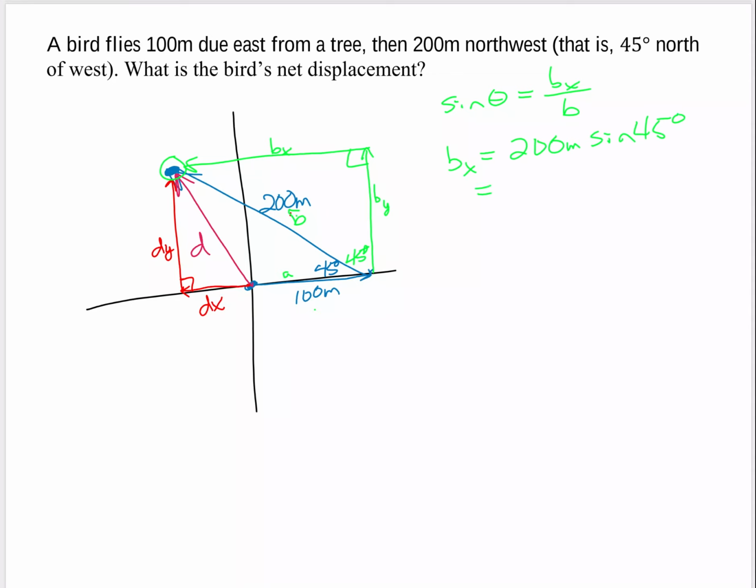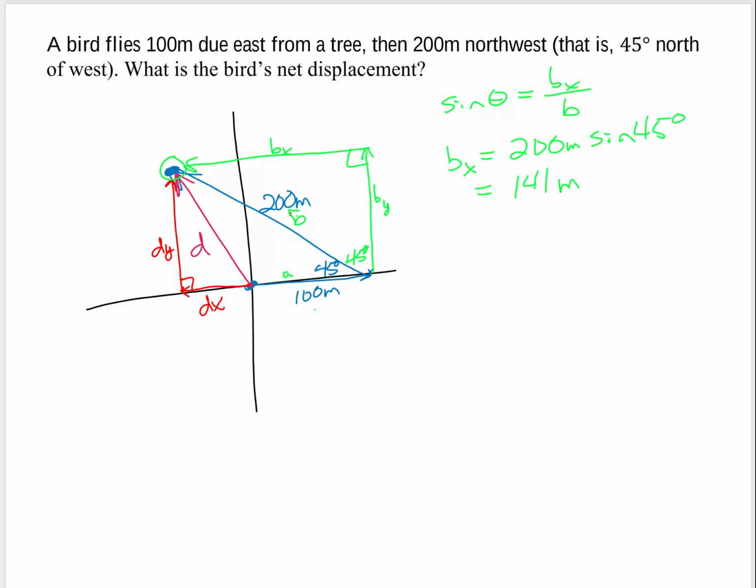What do we get? So 141. Okay. 141 meters for b sub x. Meters. Yeah. All right.